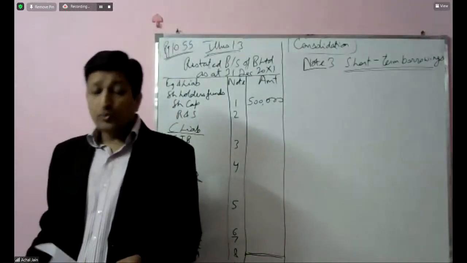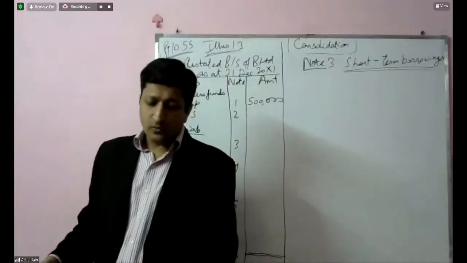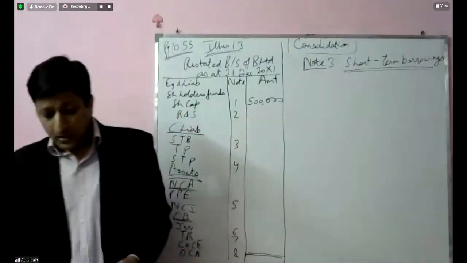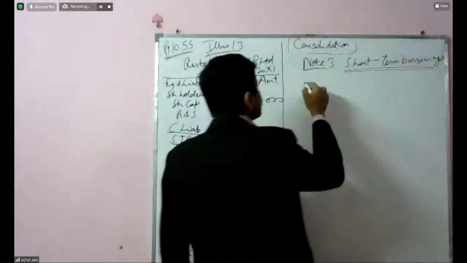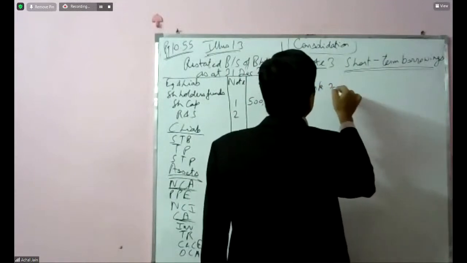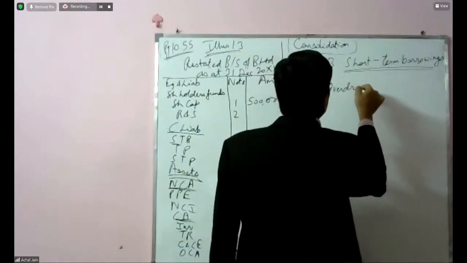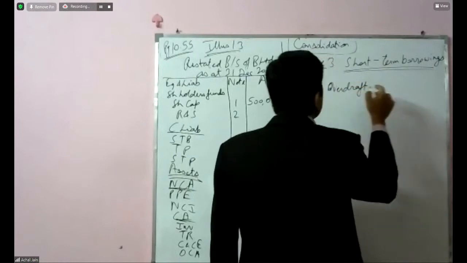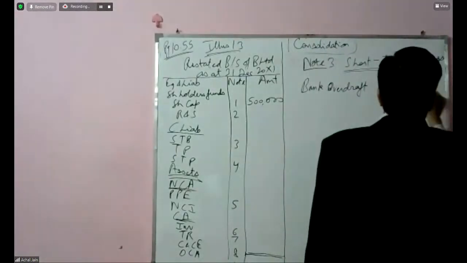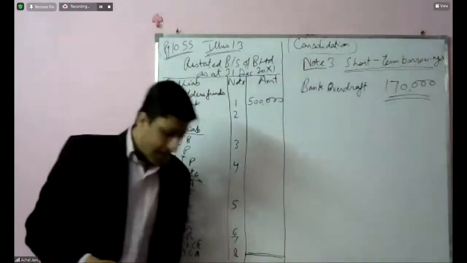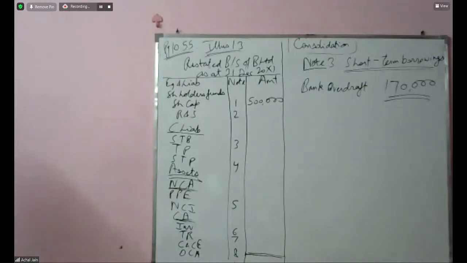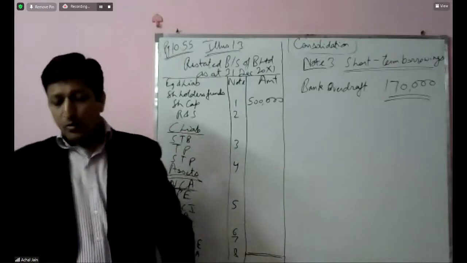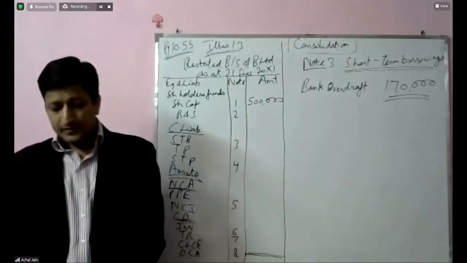We need to use the information which is given in the notes to accounts in the question. It includes bank overdraft of rupees 1,70,000. There is no adjustment on the bank overdraft. So that's why we can also move this amount to the balance sheet.